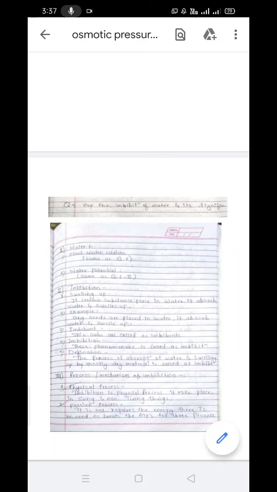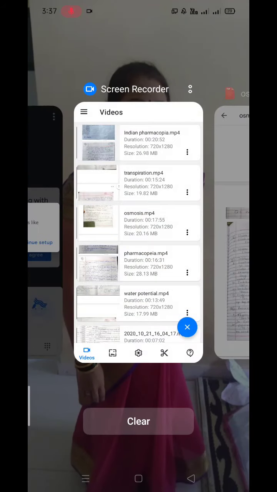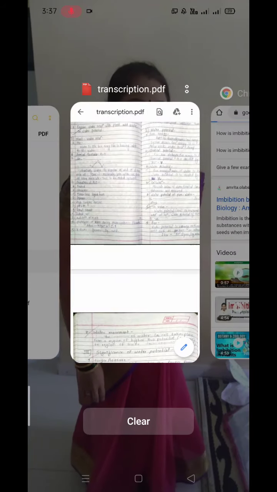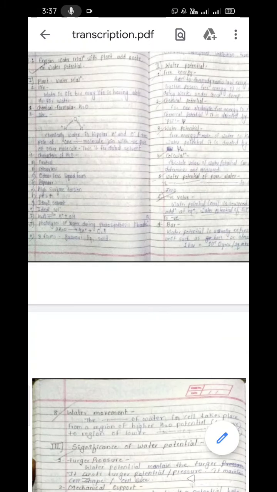In that we have learned it contains the free energy, having different chemical potential, water potential, and different properties of water, that is the calculations.